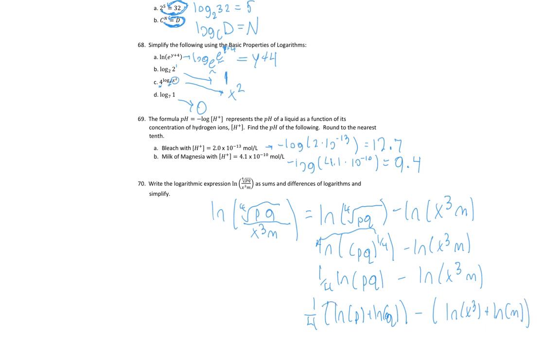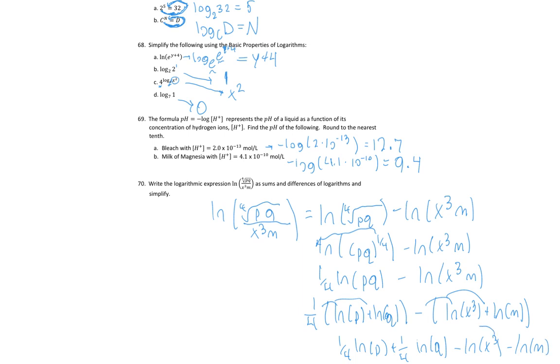So I'll distribute. I have 1/4 ln of p plus 1/4 ln of q minus ln of x to the 3rd minus ln of m.